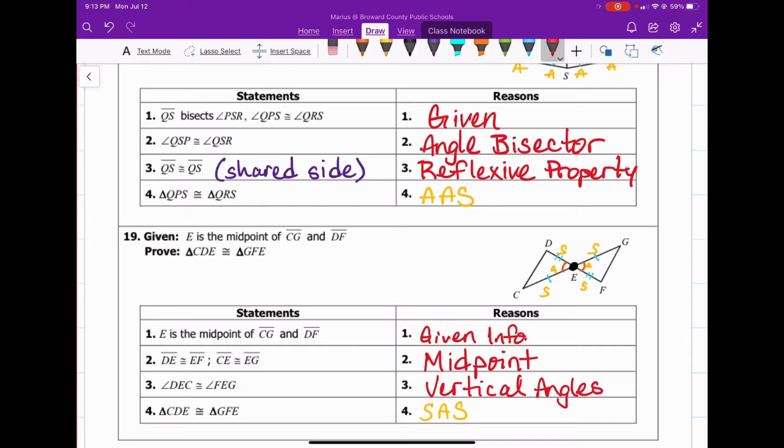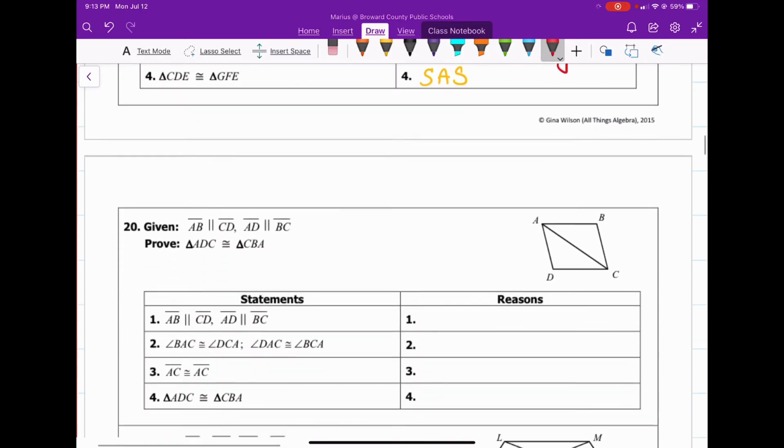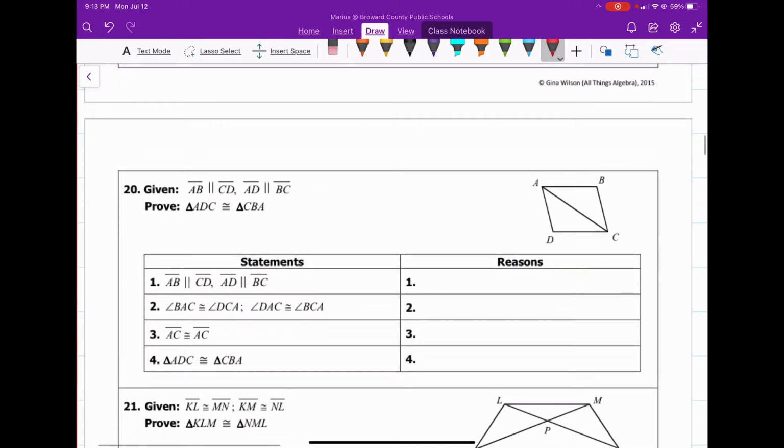All right, let's take a look at number 20. The given information tells us segment AB is parallel to segment CD, and segment AD is parallel to segment BC. So we have to put our markings up here. AB is parallel to CD.